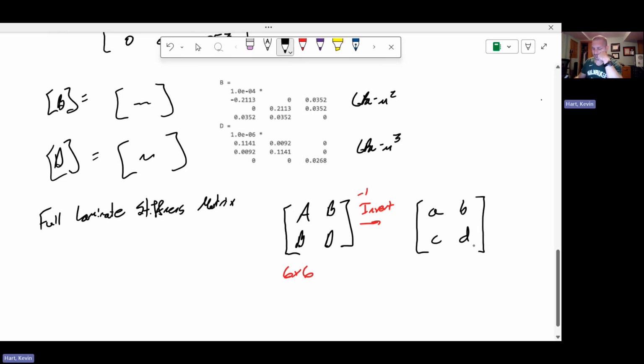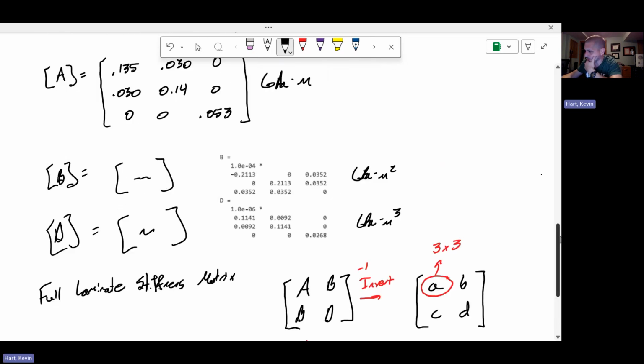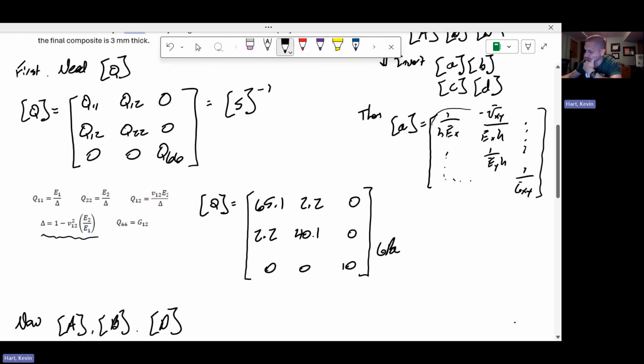You can't really do this by hand. That would be impossible. It's not impossible, but it would take a long time. It's the inversion of a 6x6. So you basically have to do this computationally. But the point is, after doing this computationally, you have the little A matrix, which is a portion of this bigger 6x6, and this is a 3x3. Right? Once you have the little A matrix, I kind of showed this already before, that there are particular entries of the A matrix that relate to the laminate properties, right?